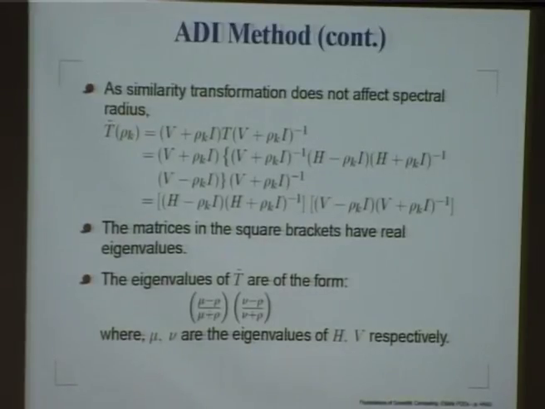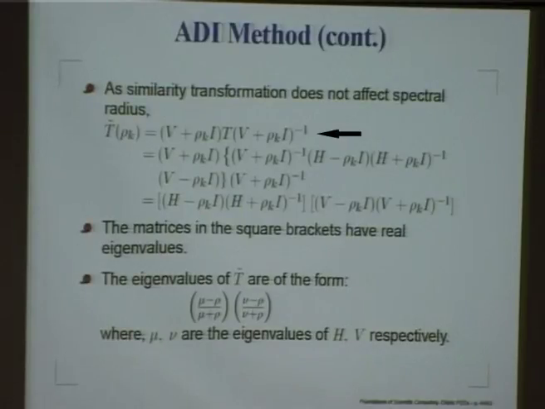This is a well established result, that if I perform a similarity transformation, how do I perform it? I take the original matrix T that we have here, okay, and then I pre multiply by the matrix and post multiply by its inverse, right. So, that is what we have done here: V plus rho k I multiplying T and V plus rho k I inverse post multiplying that. Then what happens?